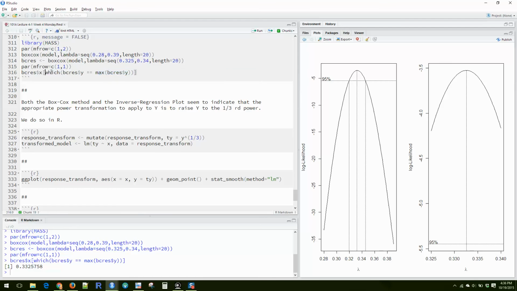And then using that index, I'm going to find the value of x that corresponds to the value of y that gives me the maximum value of y, okay? And so the x that gave me that is 0.33257, okay? So pretty much 0.333, but again, because of random sampling and all of that, maybe it's not exactly so.